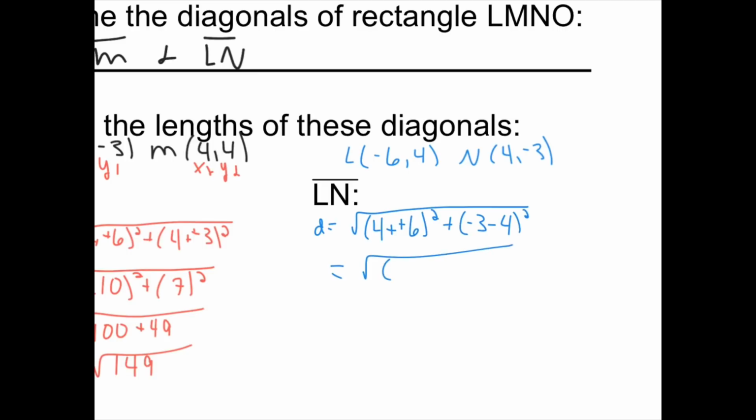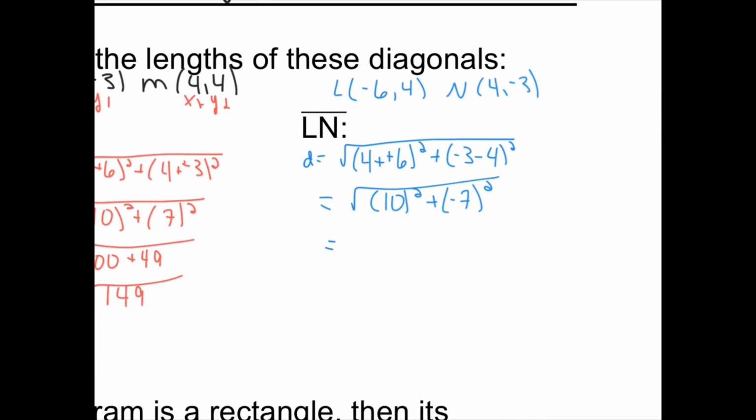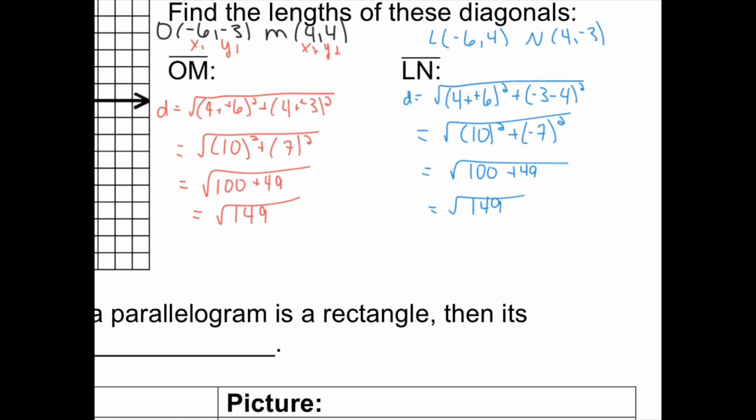So I do my arithmetic. Looks like I have 10 squared plus -7 squared. That would be 100 plus 49, which strangely is 149 as well. So if you notice, these are the same.